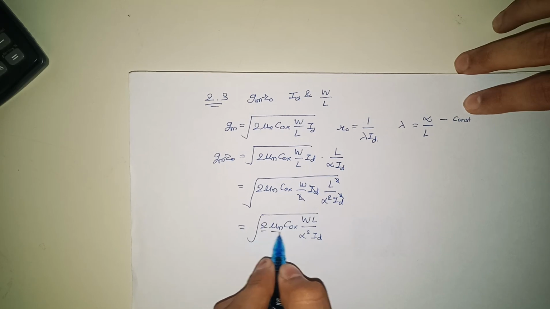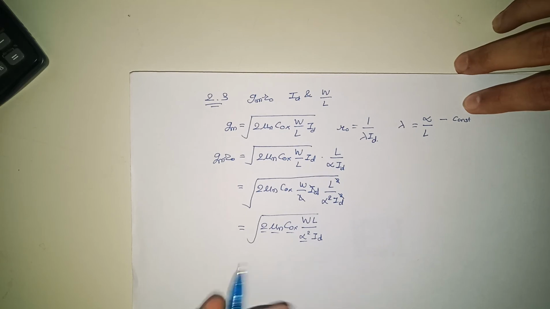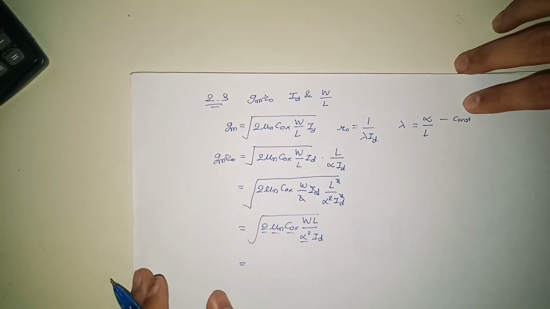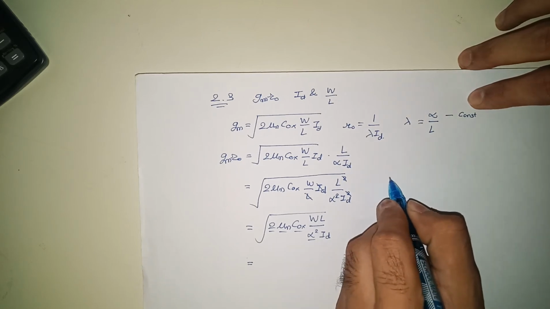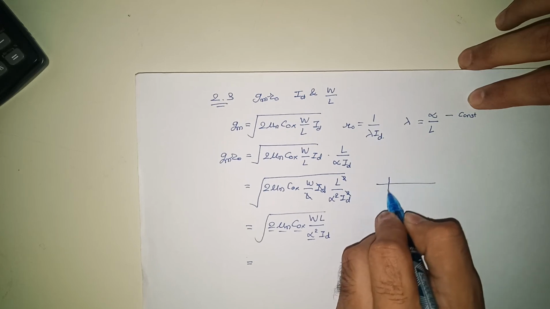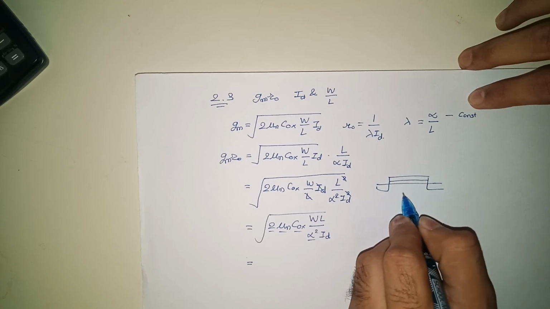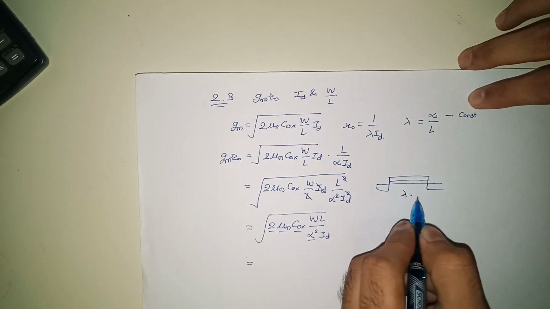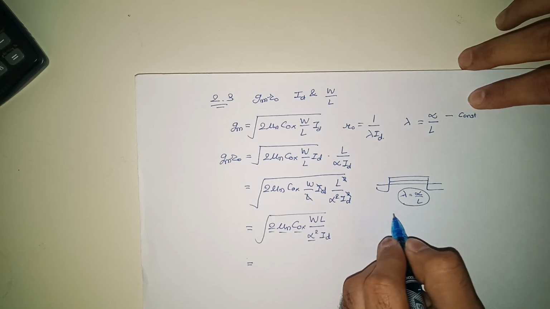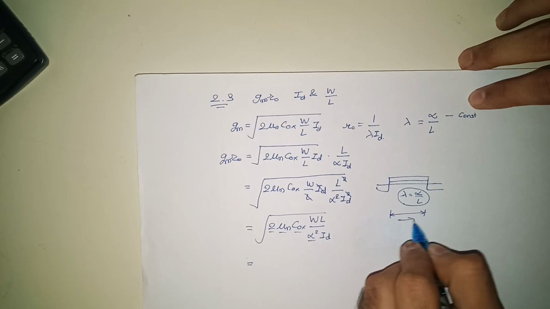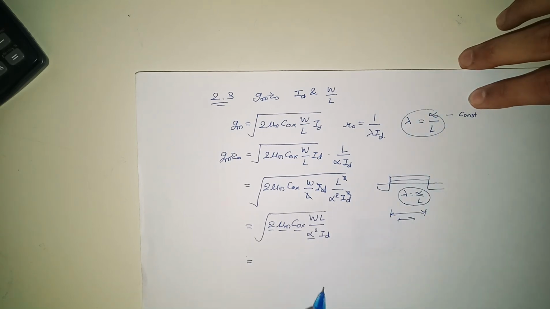Now see, this is constant with respect to VGS, and of course when your length is so high that lambda can be considered equal to alpha by L. We can consider this equation for very long length; only for that length is this valid.